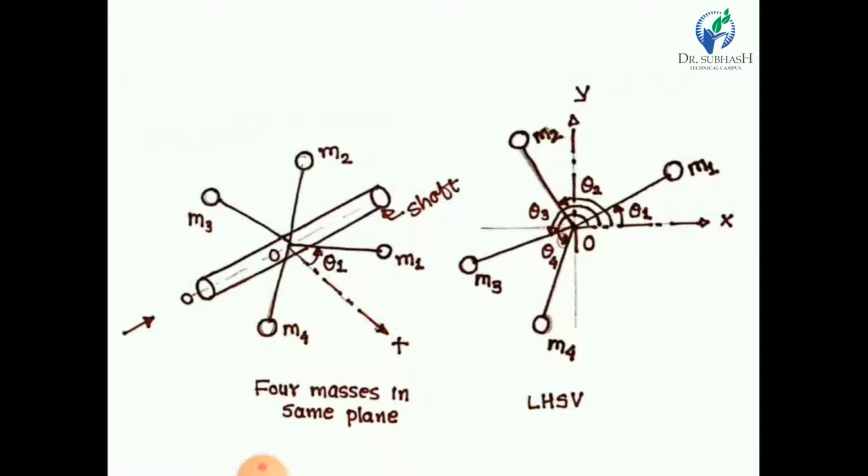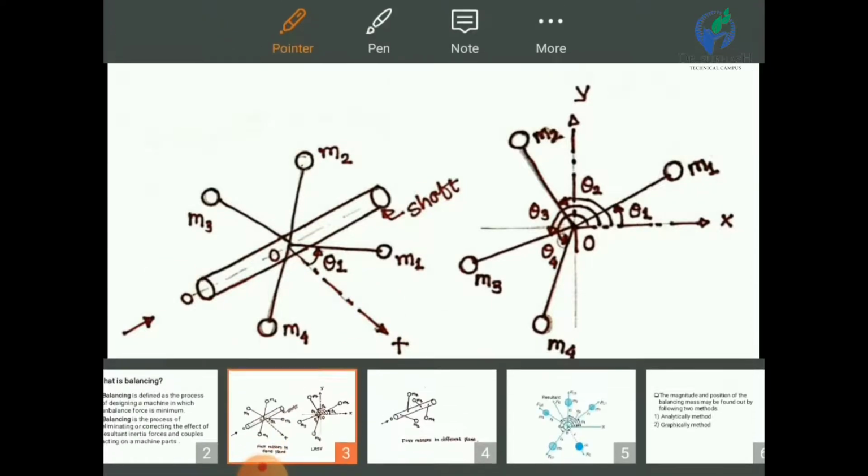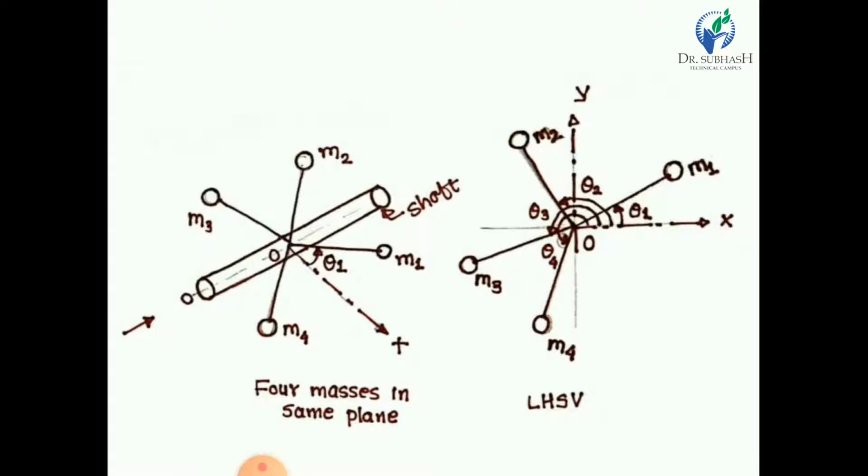Now if we see from that side, we consider this line OX as a horizontal line, and this point is O. Considering OX as the horizontal reference line, if we draw a left hand side view, we obtain this configuration, which is nothing but the angular position or space diagram for the masses.